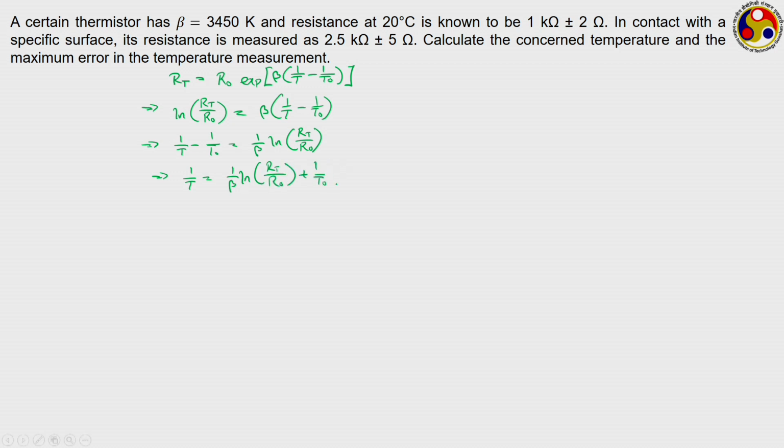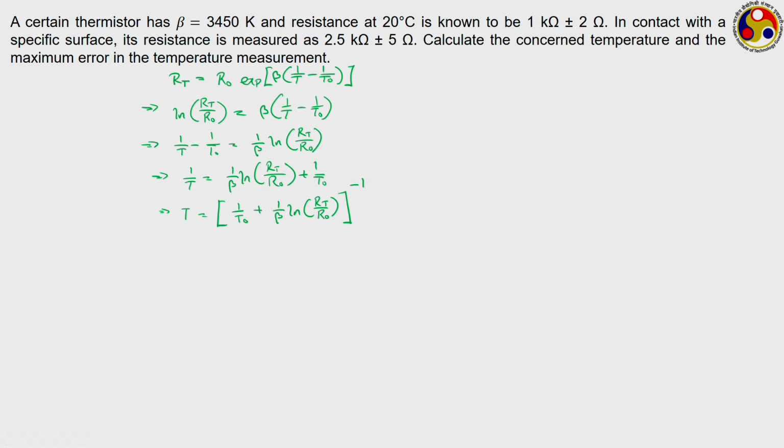So, I am just getting a direct relation in terms of temperature, or T is equal to 1 upon T naught plus 1 upon beta into ln RT upon R naught, whole to the power minus 1.